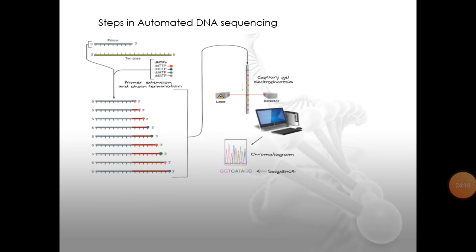Now, this automated DNA sequencing method based on Sanger's principle has its own uses and limitations. Sanger's sequencing, though it gives high quality sequence for a relatively long stretch of DNA, can be used to sequence individual pieces of DNA such as bacterial plasmids or DNA copied in a PCR.